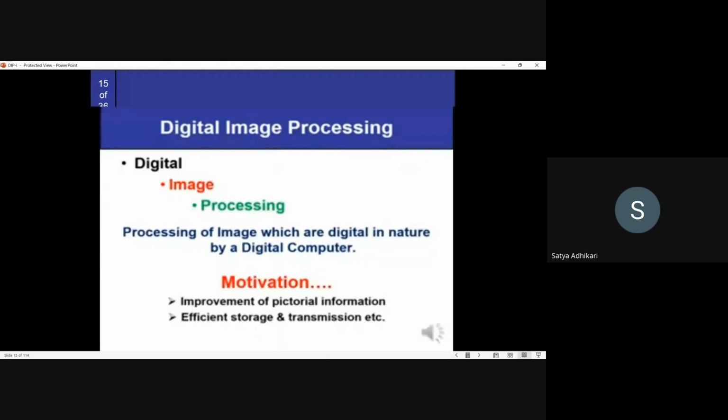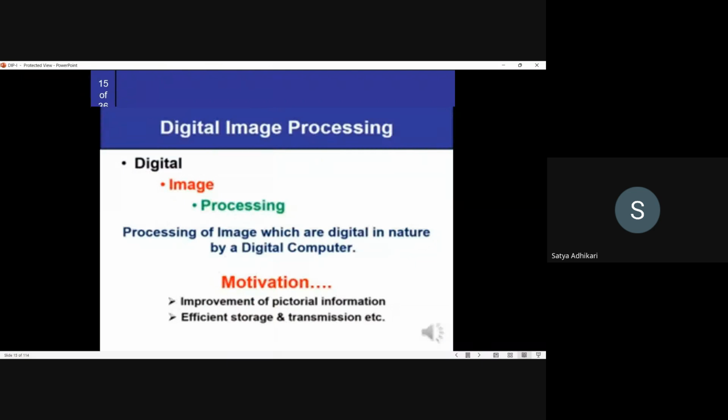And second, efficient storage and transmission. When you convert an analog image to a digital image, analog images basically take more space to store.